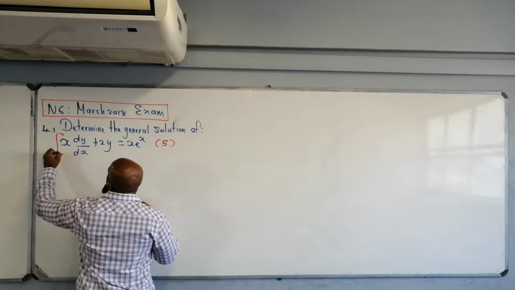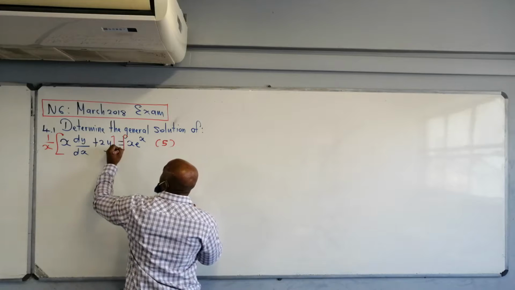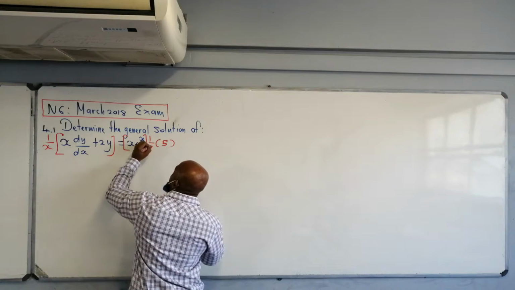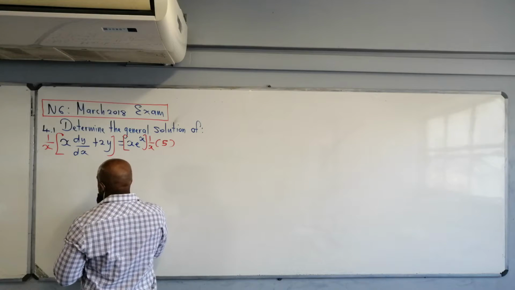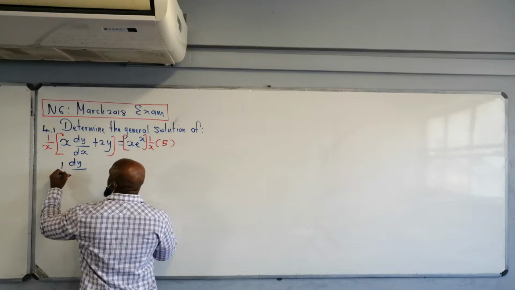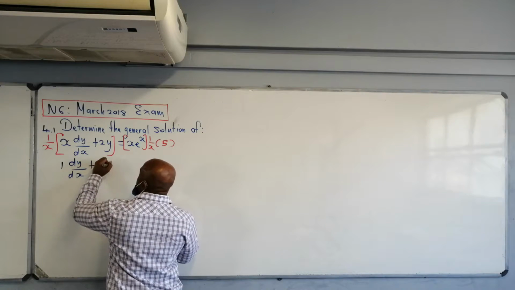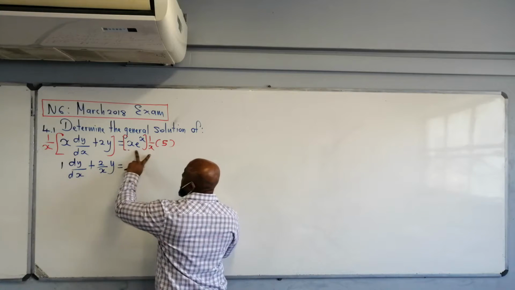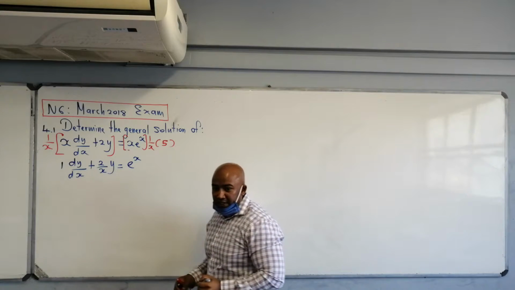So dividing by x on both sides is the same as multiplying by 1 over x. So let's see what happens. It will be a 1 times dy over dx plus 2 over x times y. And x will cancel here, so you end up with just e to the power x.